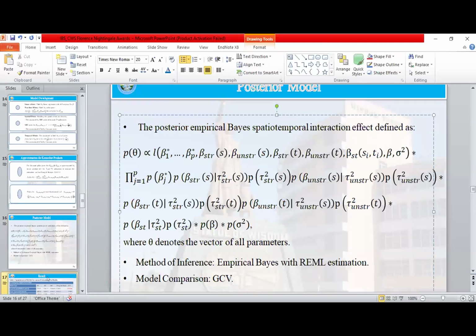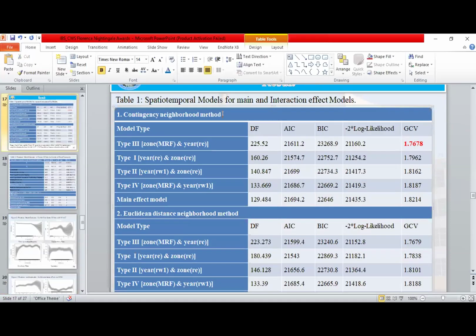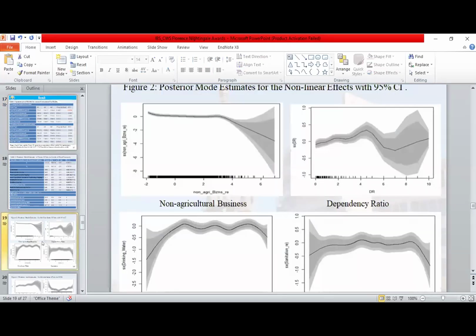Around 10 models are compared here, 5 for the contiguity neighborhood method, and 5 for the Euclidean distance neighborhood method. Based on GCV, type 3 with Markov random field prior brings a smaller GCV, and the interpretation or the inference is based on this model. We select the type 3 interaction effect with Markov random field prior as the best model.